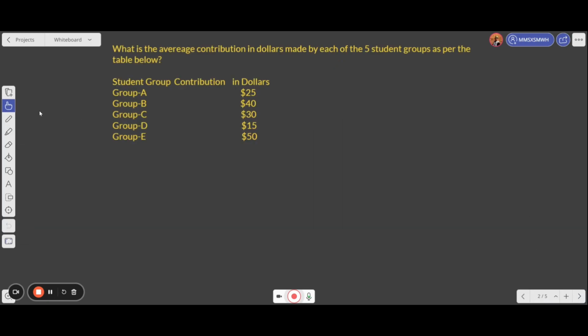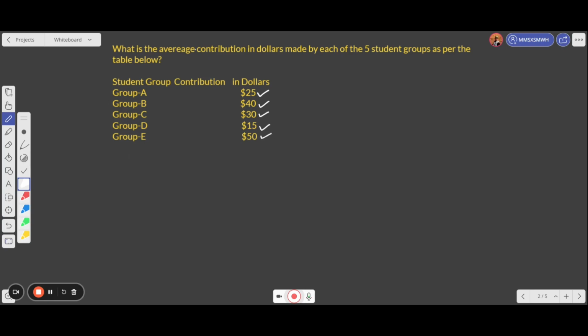There is a question: what is the average contribution in dollars made by each of 5 student groups as per the table below? There are 5 student groups. The first group contributed $25, second group contributed $40, third group contributed $30 and $15 and $50.